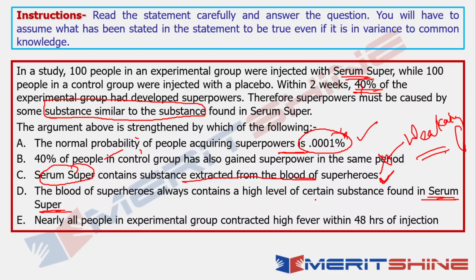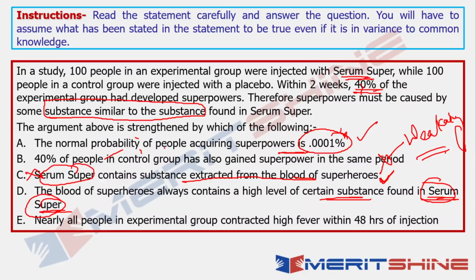If superheroes always have in their blood a certain substance which is there in serum super, then this might be the reason why 40% of that group has got superpower. So between C and D, obviously D, and even between A and D: the normal probability of acquiring superpower is 0.001%, and after serum super you get 40% of people. Okay, that sort of gives you an idea that maybe A strengthens the argument.